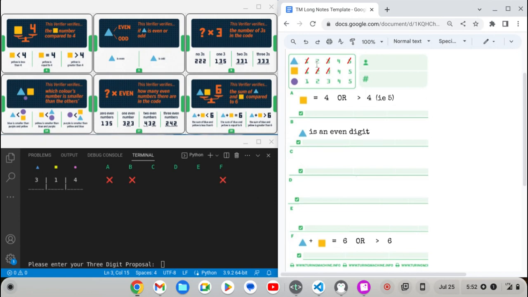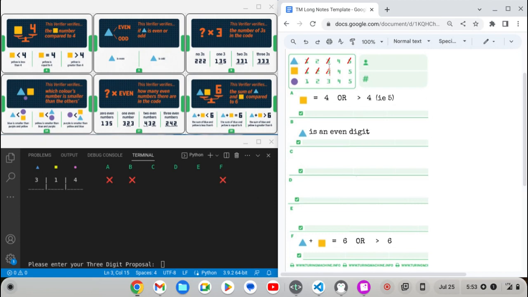Could triangle be 2 and the smallest? That would mean that we'd have circle be 3, 4, 5. We could have a single even or no even, but at that point, again, how would you establish circle? What could circle be if triangle were 2? There's no way to really pick.